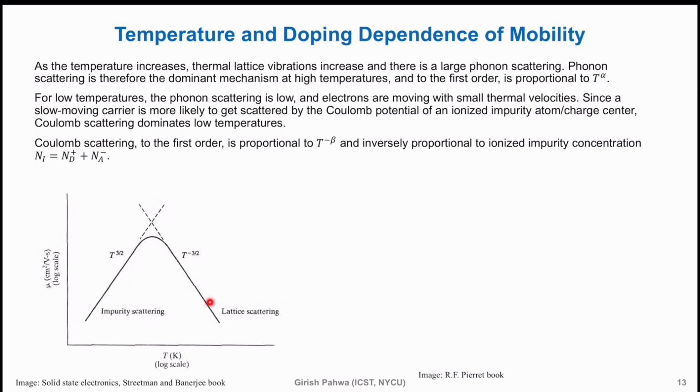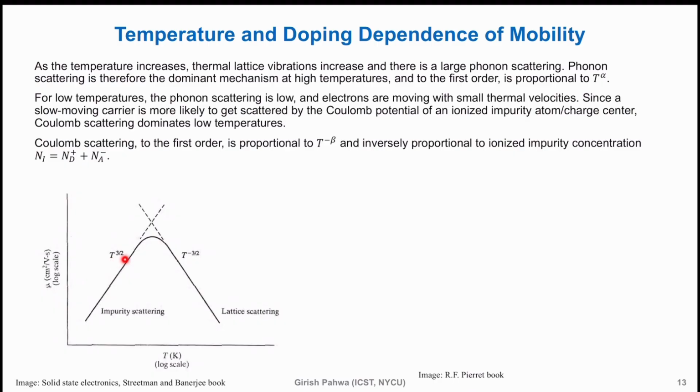So why this behavior? Let's start with the high temperature first. In this high temperature regime, of course, if I am increasing the temperature, mobility has to go down. There will be more and more energy exchange with the lattice, more and more phonon scattering. Now say I'm coming back, reducing the temperature. Mobility is increasing, but then it again starts to go down. Why does this happen?